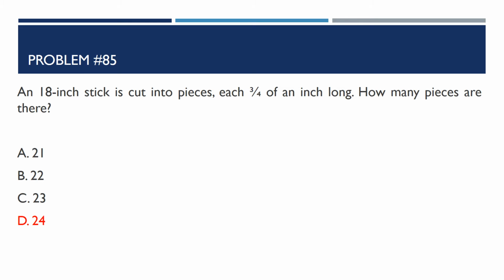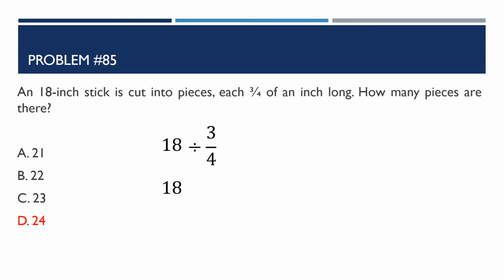We're going to divide this 18-inch stick by the 3/4 inch long smaller sticks. So 18 divided by 3/4 inch. Now if you divide fractions, we're going to follow the rule where we copy the first fraction. By the way, the whole number is just the same as a fraction. It's 18 over 1, or you may not write 1 anymore.